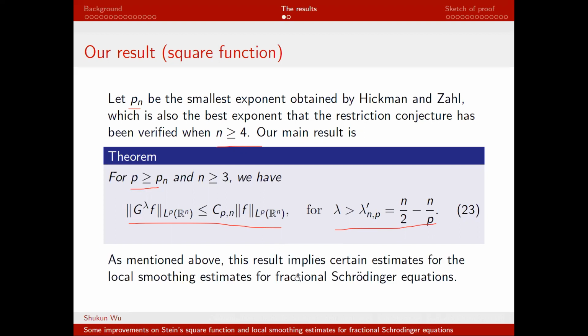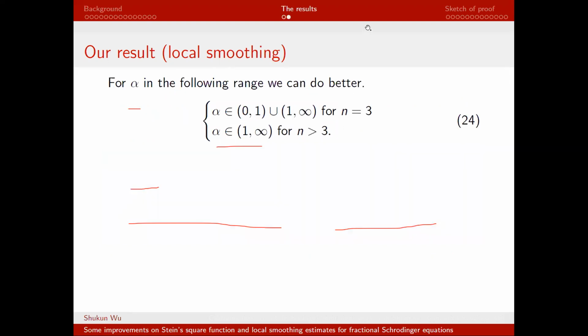As mentioned, this result on Stein's square function will imply certain estimates for the local smoothing problem for the fractional Schrodinger equation. But actually, for some range of alpha, we can do even better.